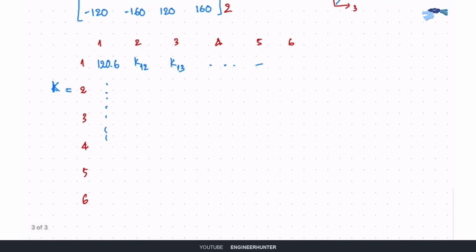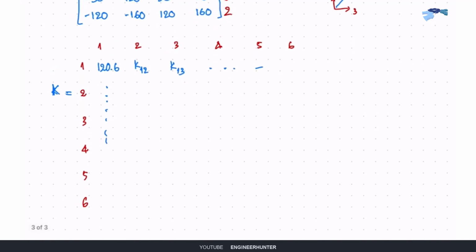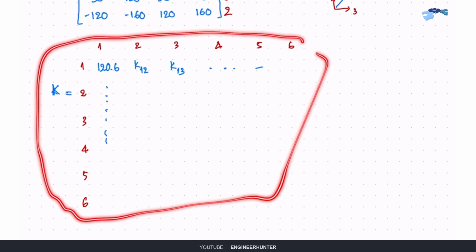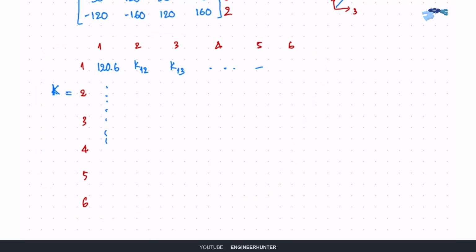There are many ways to form the global stiffness easier than this method here, but I will only talk about this method because it's easy to understand and it is easy to do when you do the programming for the structural analysis.